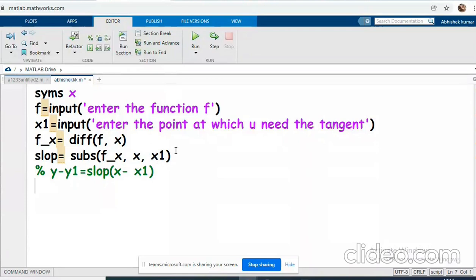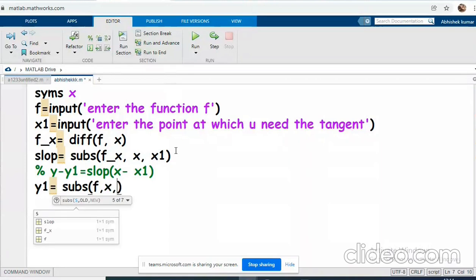So what is y1? y1 is nothing but the value of y at the point x1, the functional value at x1. So subs f comma x1. Now we got y1 also. Now slope we have, y1 we have, x1 we have.